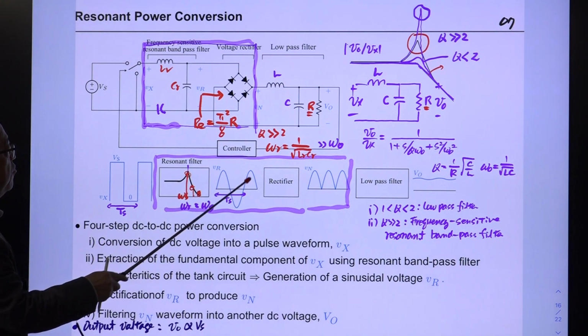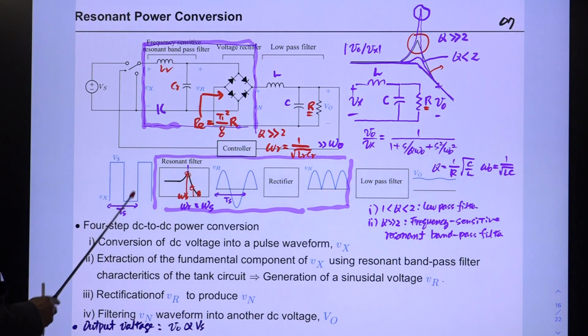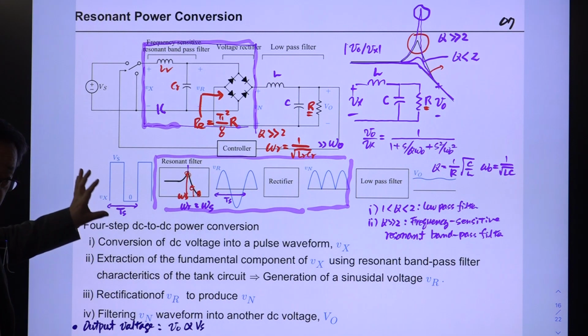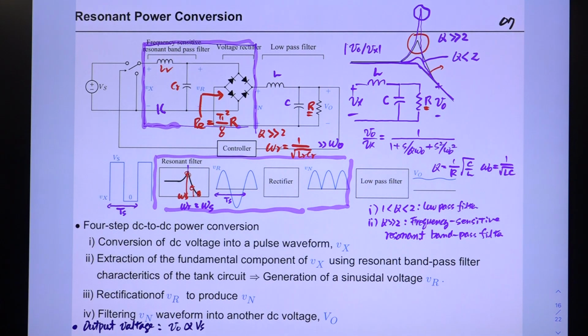So this is the fundamental component of the spectrum of these rectangular waveforms. Other than this fundamental component, all the harmonic components are dead. They are not there.